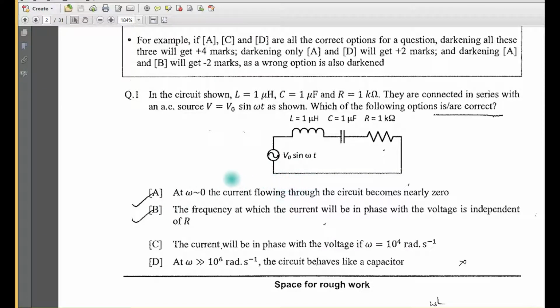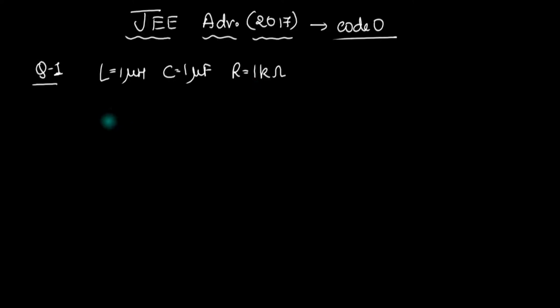And we have these annoying questions where we have to check each and every option. Alright, we have to check. At omega almost equal to 0, the current flowing through the circuit becomes nearly 0. Is it true or false? Well, let's check. We know that the impedance is equal to the square root of R square plus XL minus XC the whole square.